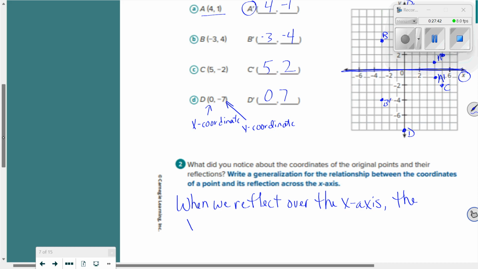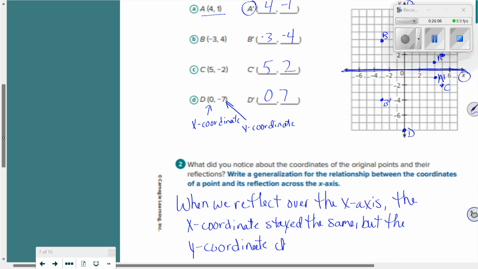So my x-coordinate stayed the same, but the y-coordinate changed to its opposite. Leave that up there for a second for you to make sure you get it written down, because it's really important when we talk about reflection.